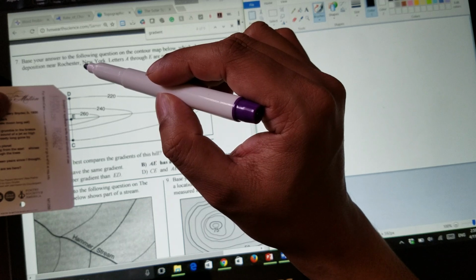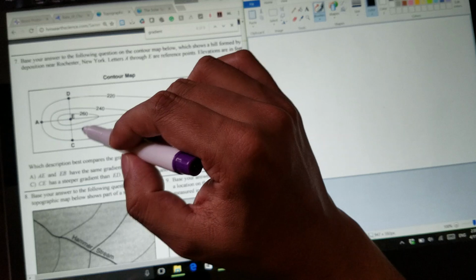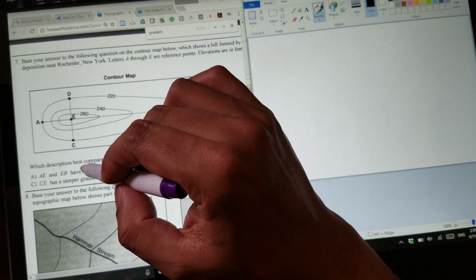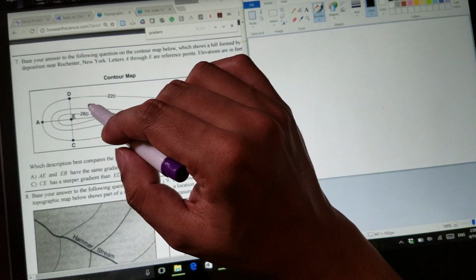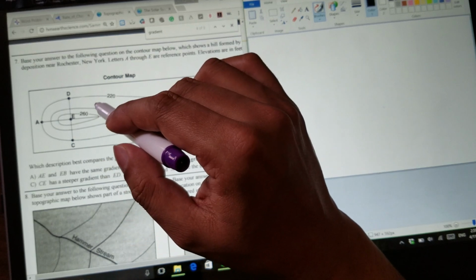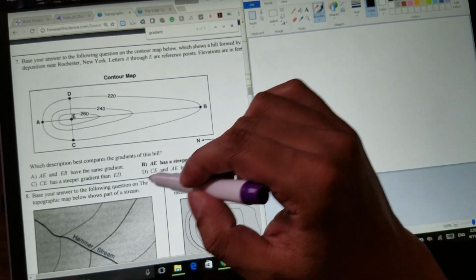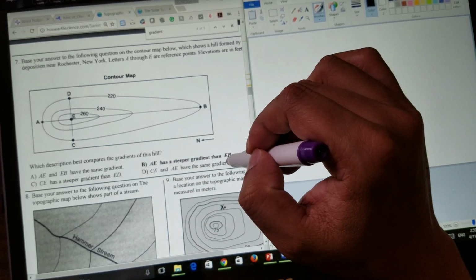This looks pretty much the same. So CE and ED cannot have different gradients, they are actually the same. Then D, CE and AE have the same gradient.